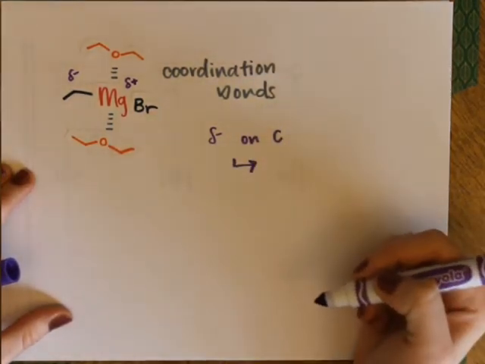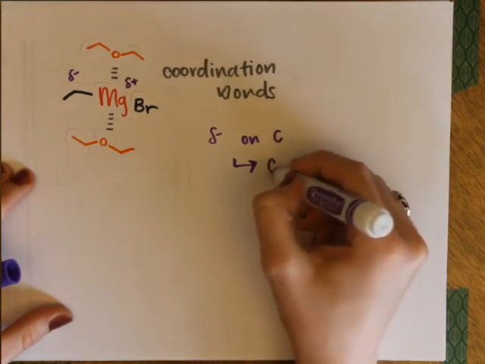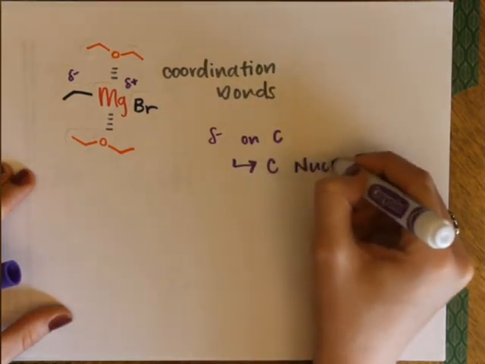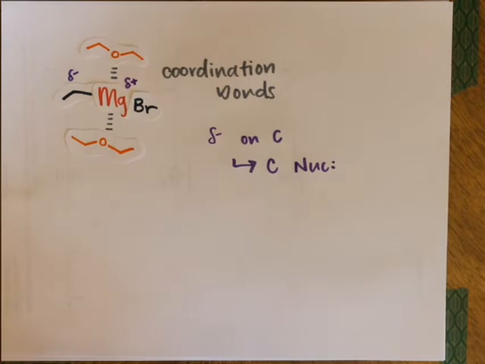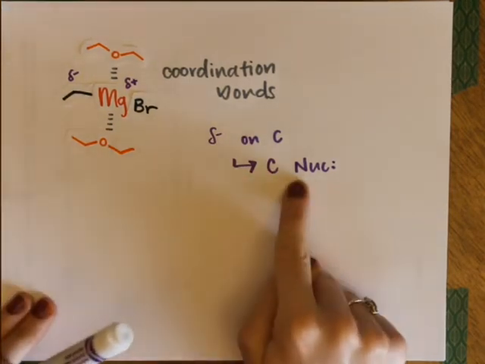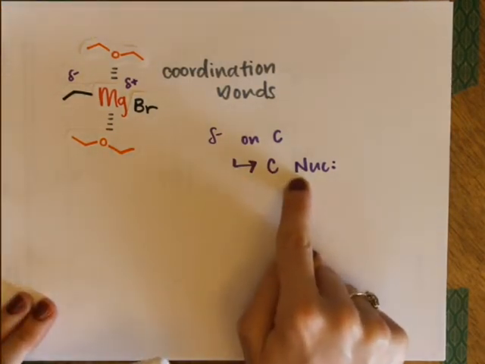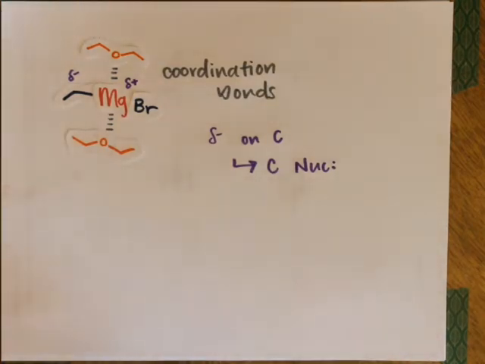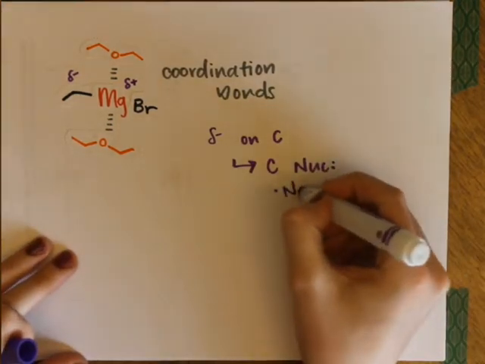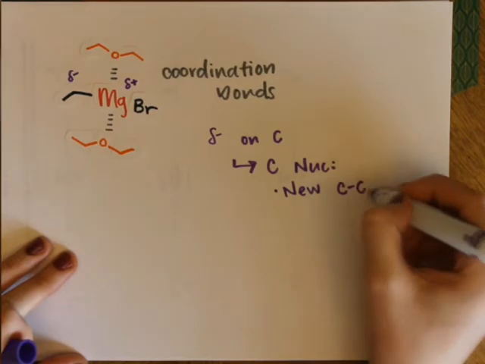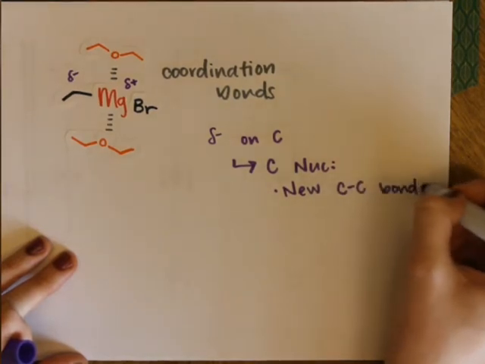First of all, it means that we have a carbon nucleophile. We haven't really seen a carbon nucleophile before. Looking at this, thinking about a carbon nucleophile, if I have a carbon nucleophile, I could have a carbon electrophile. I could make new carbon-carbon bonds, and that's super important for us.